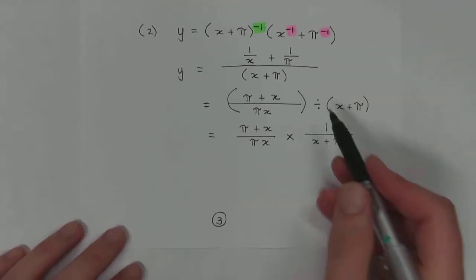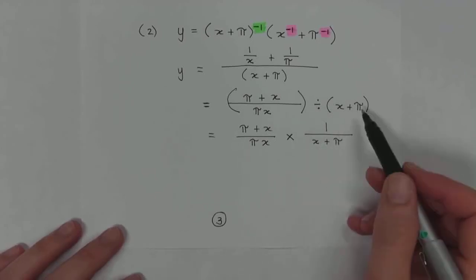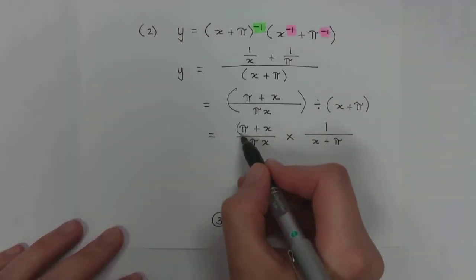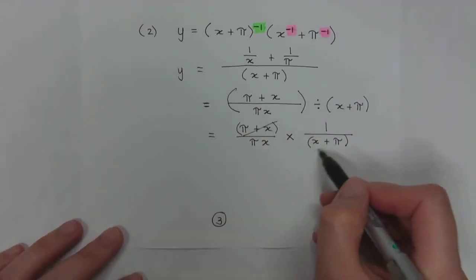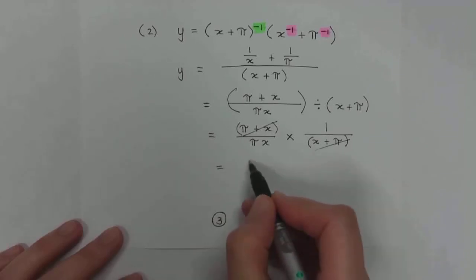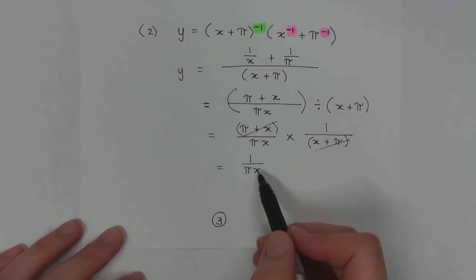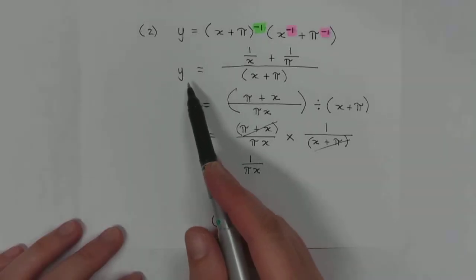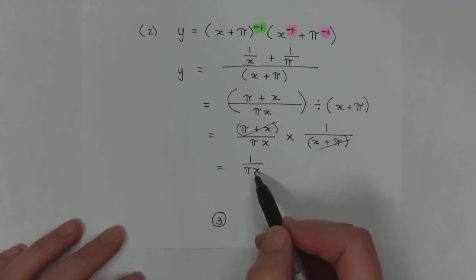It's saying that if I change this to its inverse operation, I just need to make sure to change this to the reciprocal. And hopefully you'll notice, excellent, there I've got a common factor, so I can divide that away. And then eventually I've got 1 over pi x. Now unfortunately I'm still not done. I still haven't been able to find the derivative because I've just been simplifying algebra, but I'm almost there.